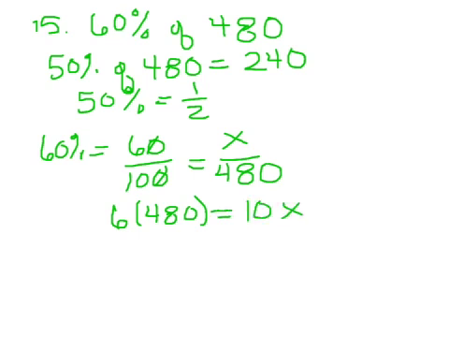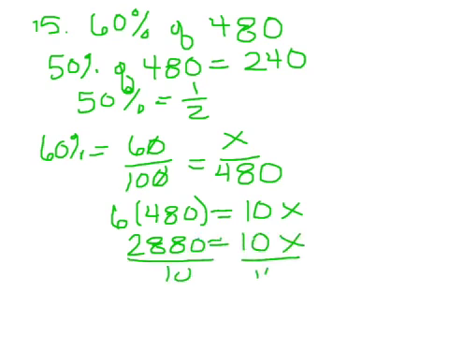So I get 2,880 is equal to 10x. I divide everything through by 10, and I get x is equal to 288. And sure enough, once again, that makes sense. There it is. It is, in fact, a little bit more than 240.